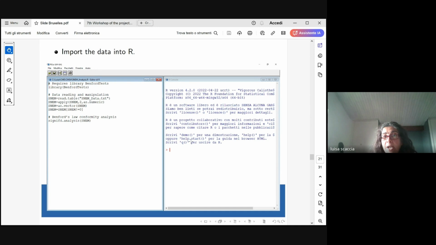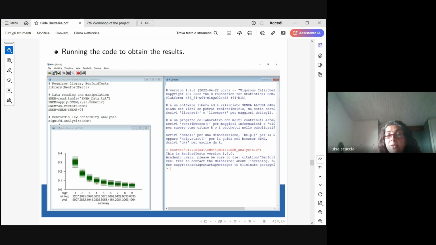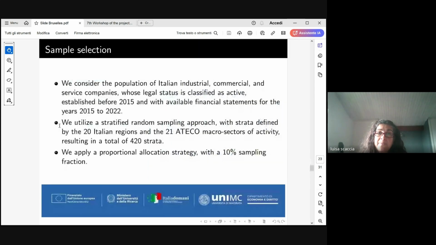I used R, which is a free software. After some cleaning of the data, you can use one of the libraries in R to perform Benford analysis. There are different kinds of libraries for doing this. I used benford.analysis and the function signifd.analysis to just obtain the plot I showed you before.